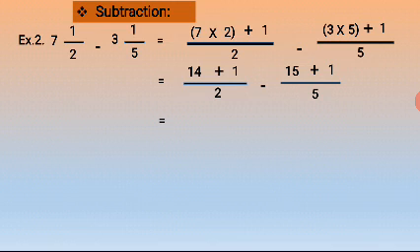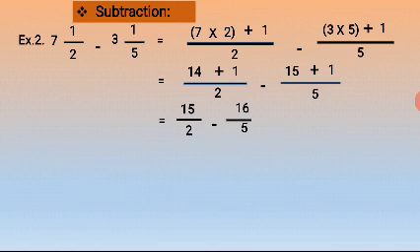Next step, we take the sum of each numerator: 14 plus 1, 15 upon 2, minus 15 plus 1, 16 upon 5. Here the denominators of these fractions are different, so we take the LCM of those denominators to convert them into the same denominator value.